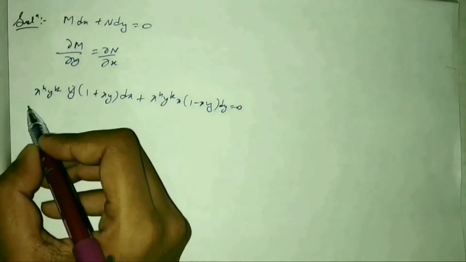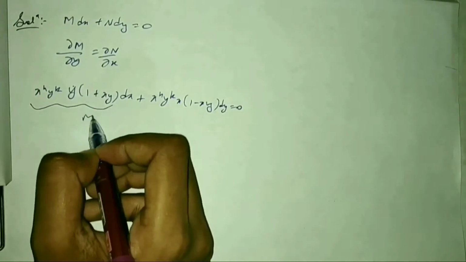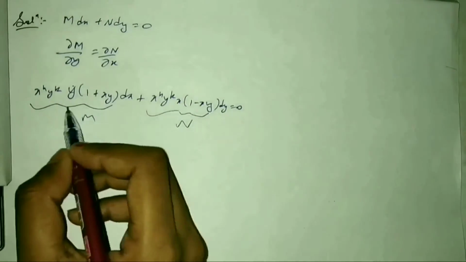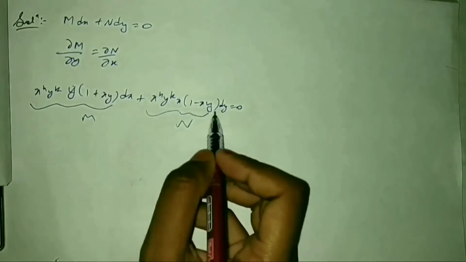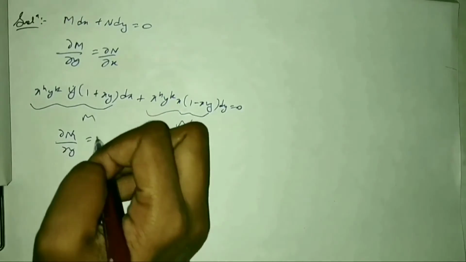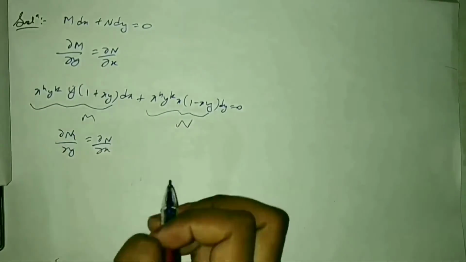Now what will be M here? This is M, and this will be N. So this is of the type M dx + N dy, and it will be exact if del M by del y is equal to del N by del x.